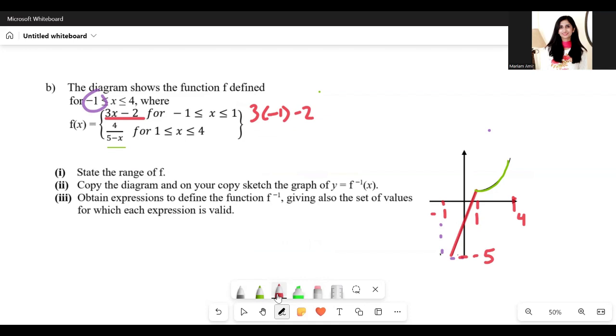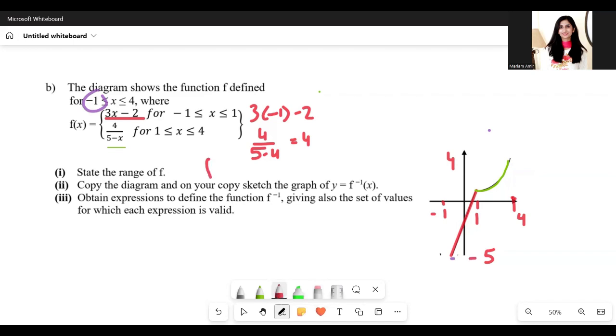Okay, next would be the value of y when x is 4. So we're going to substitute 4 here. 5 minus 4, so that's just 4 over 1, which is 4. So we get a 4 here. So the maximum value of y of this function is 4, and the minimum value of y of this function is -5.